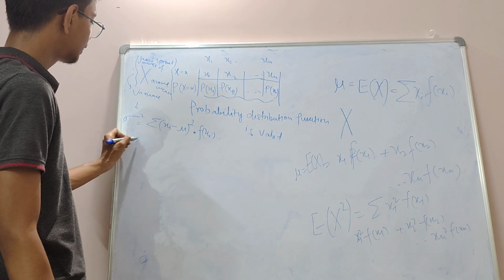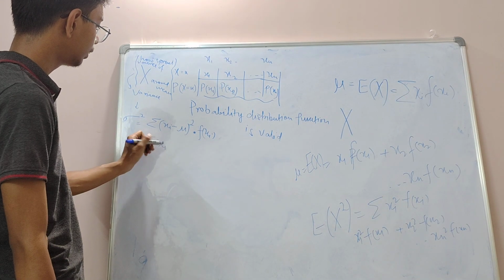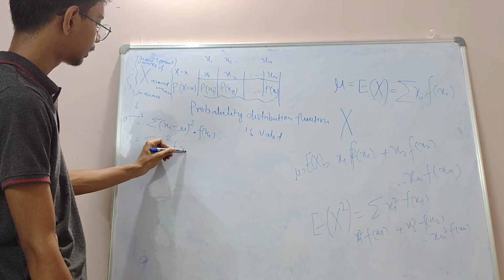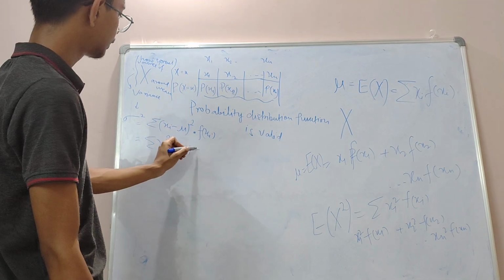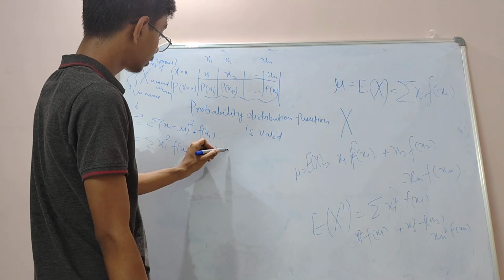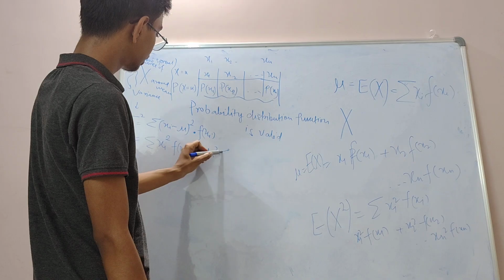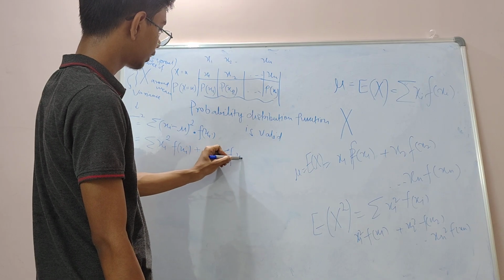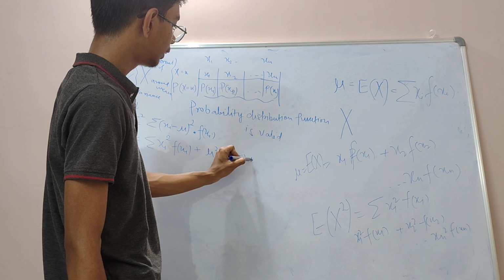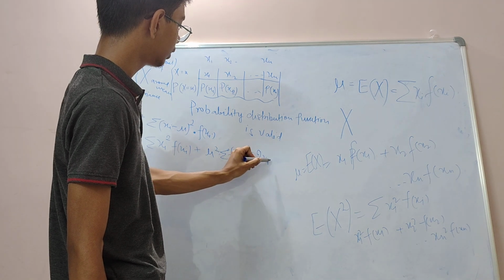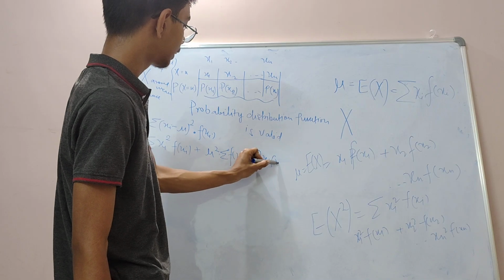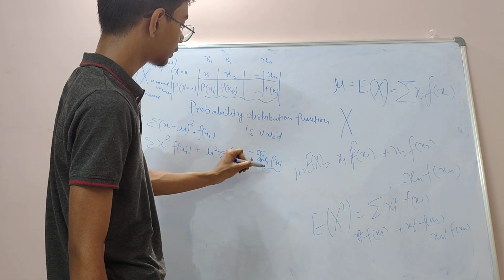I can write this as summation of xi square f(xi) plus mu square summation f(xi) plus minus 2 xi mu f(xi) summation, right?